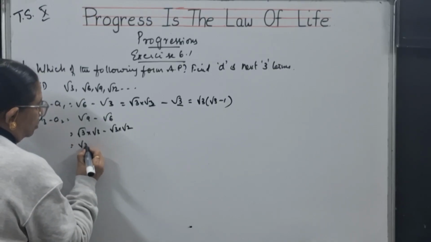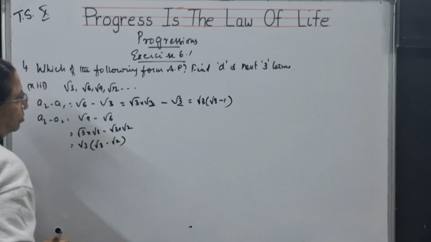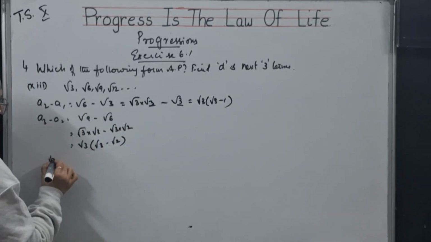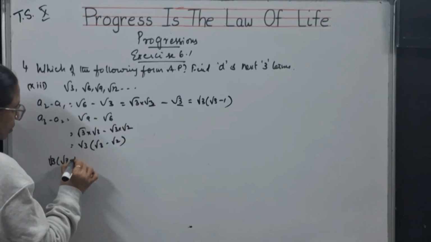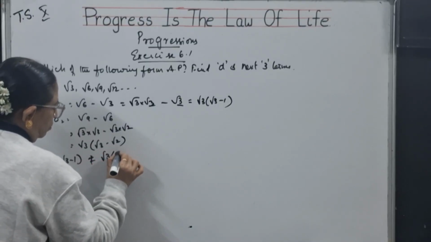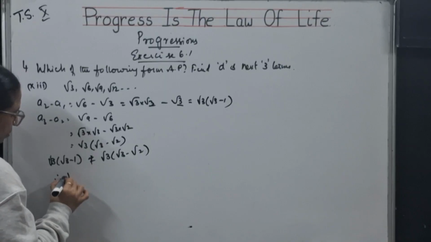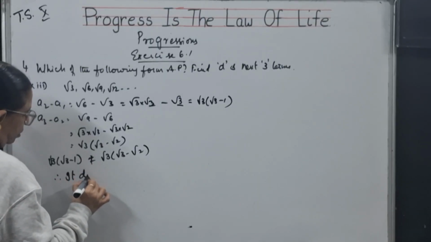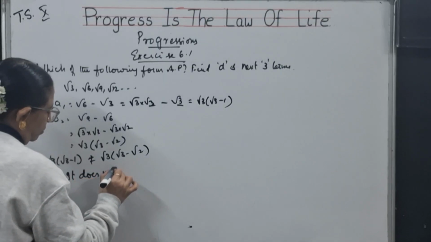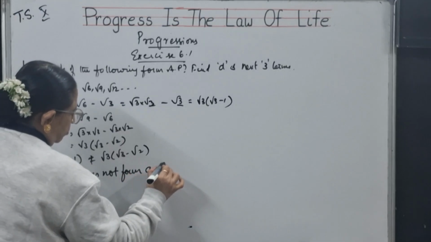In this also root 3 if you take it as common, root 3 minus root 2. So see, root 3 into root 3 minus 1 is not equal to root 3 into root 3 minus root 2. Therefore, it does not form an AP.